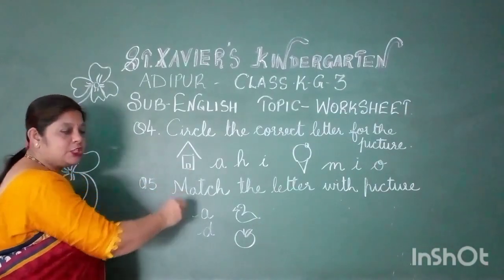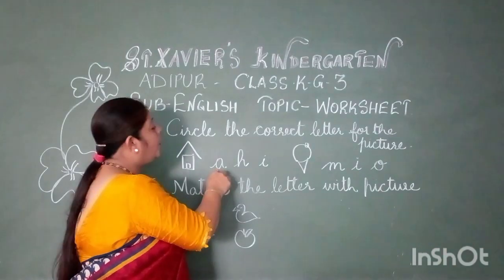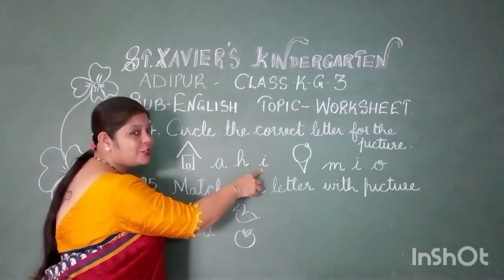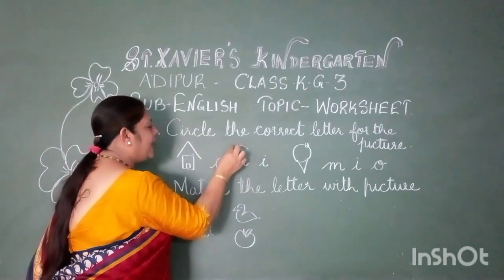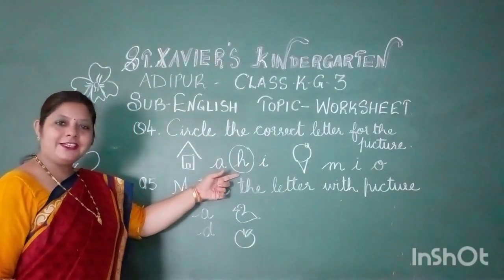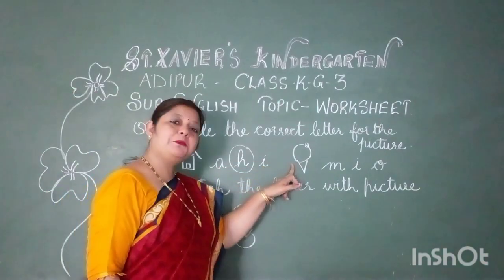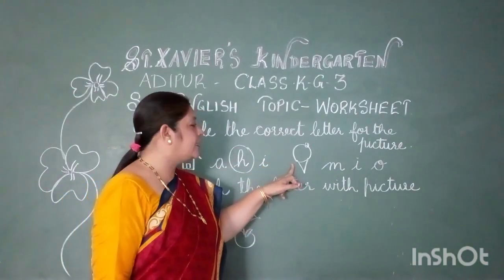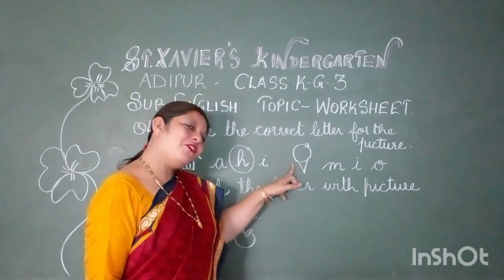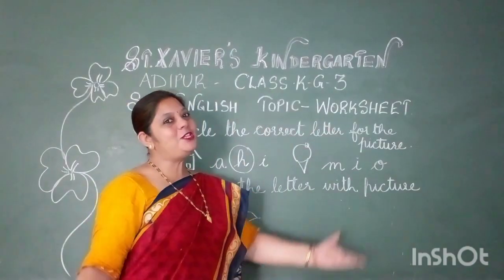Yes, it's hut. So A hut, no. I hut, no. It's H for hut. So you have to circle the letter H. Got it, children? Now what about this picture? कौन बोलेगा? Yes, this is the picture of ice cream. Ice cream, you scream, we all scream for ice cream.